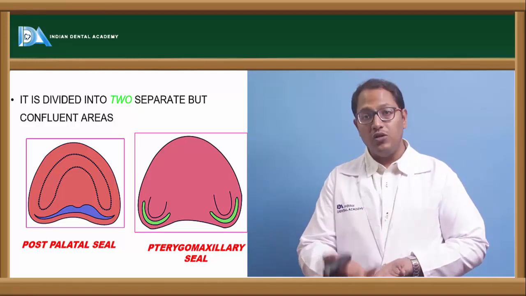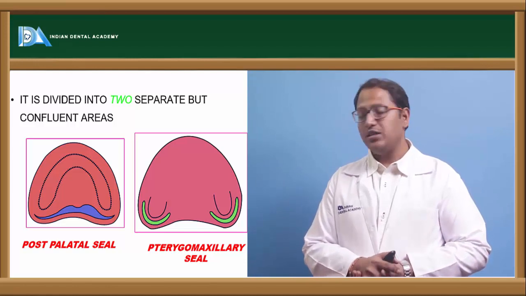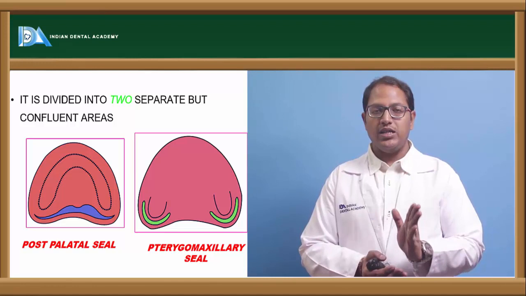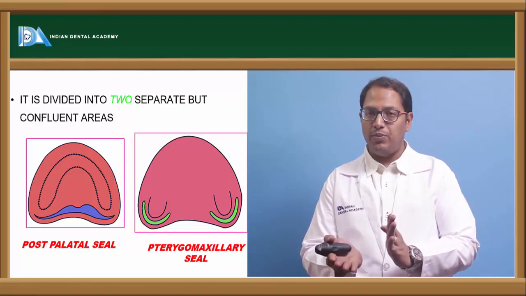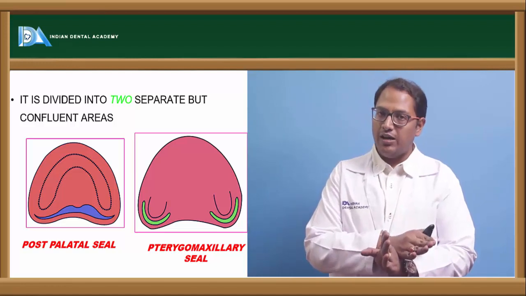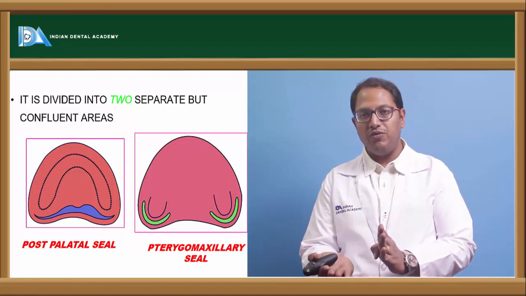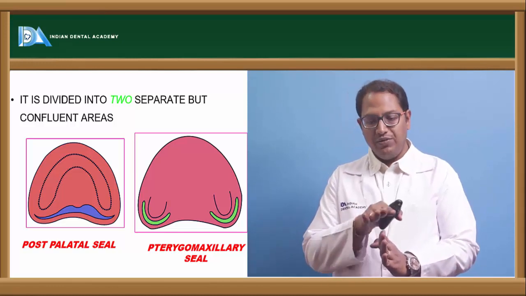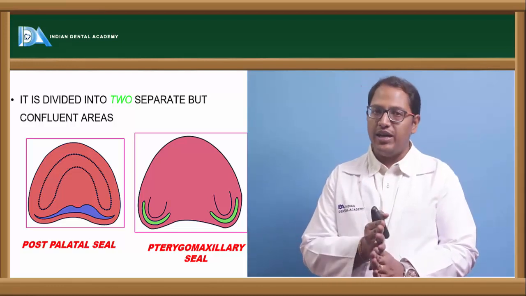Very confusing. A soft palate has two different parts, a movable part and an immovable part. The immovable part of the soft palate is with the hard palate, and the movable part of the soft palate is after the hard palate, the uvula that we see. So the junction between these two is termed the vibrating line.